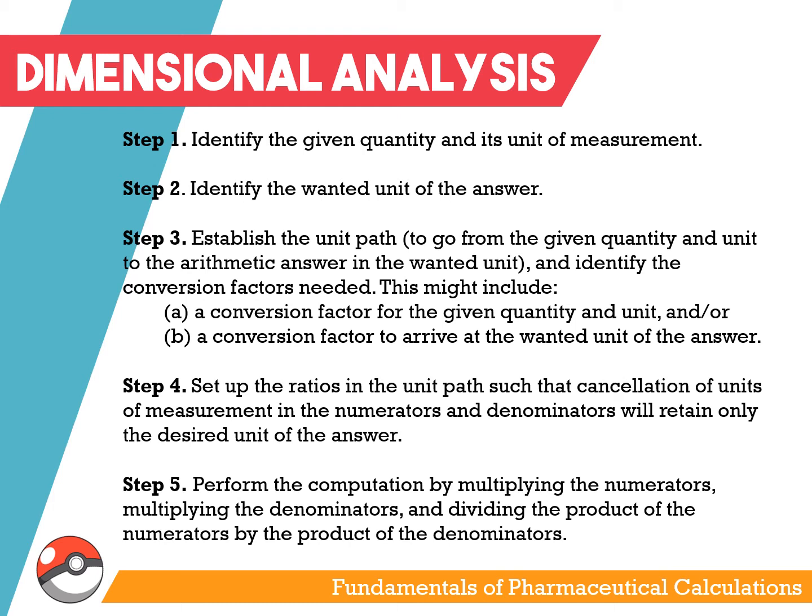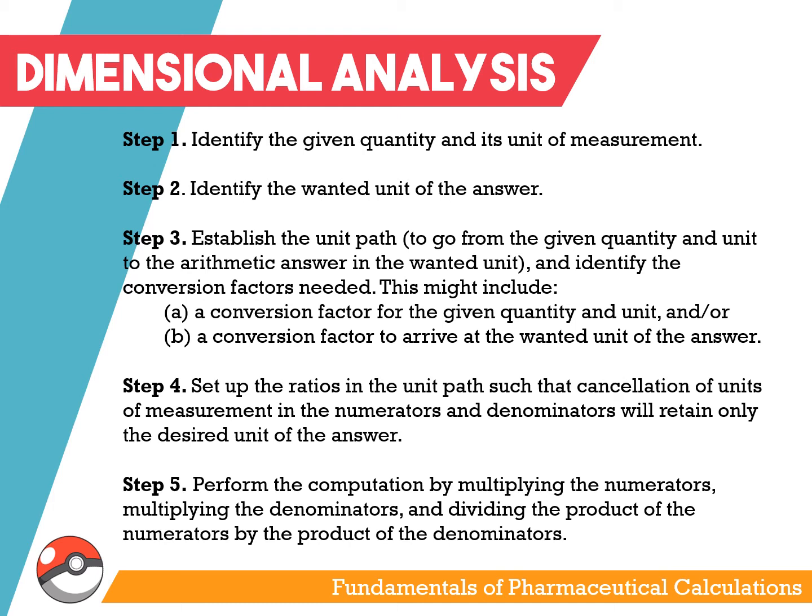Okay, after identifying or establishing the conversion factors, you should set up the ratios in the unit path such that cancellation of units of measurement in the numerators and denominators will retain only the desired unit of the answer. So what does that mean? When you place units in the numerator and the denominator, you can cancel them if they are the same.